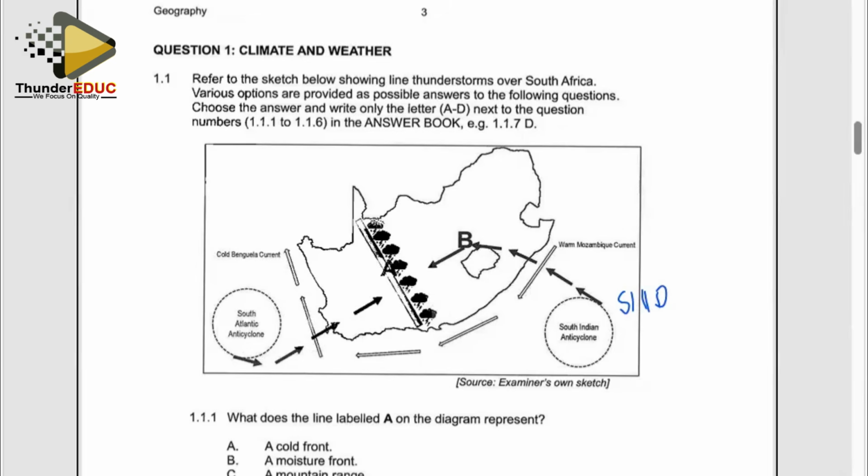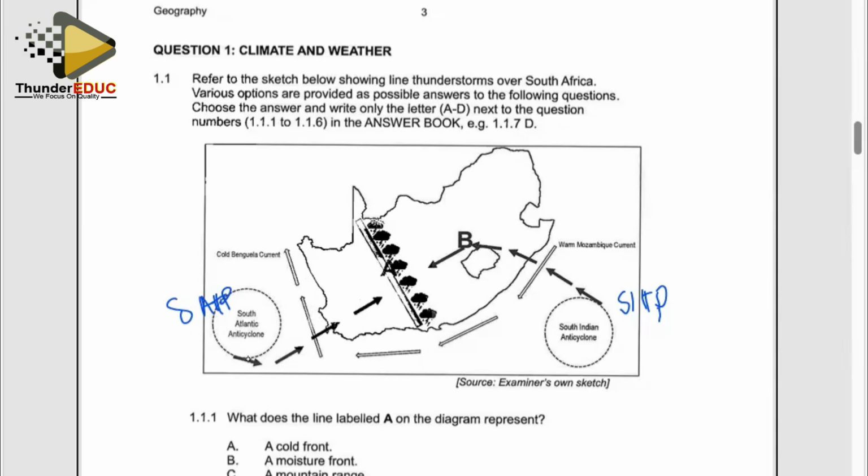Because of these two high pressure cells, our South Atlantic high pressure on the west and our South Indian on the east, there is a tendency of the air to circulate out of the high pressure cells, these anticyclones. Remember, our circulation is anti-clockwise when air is circulating out of the high pressure cell.